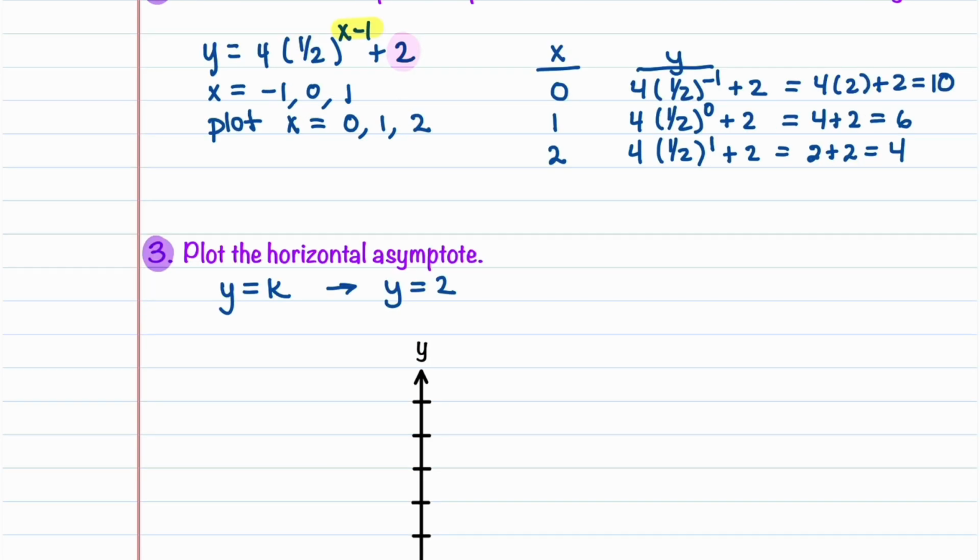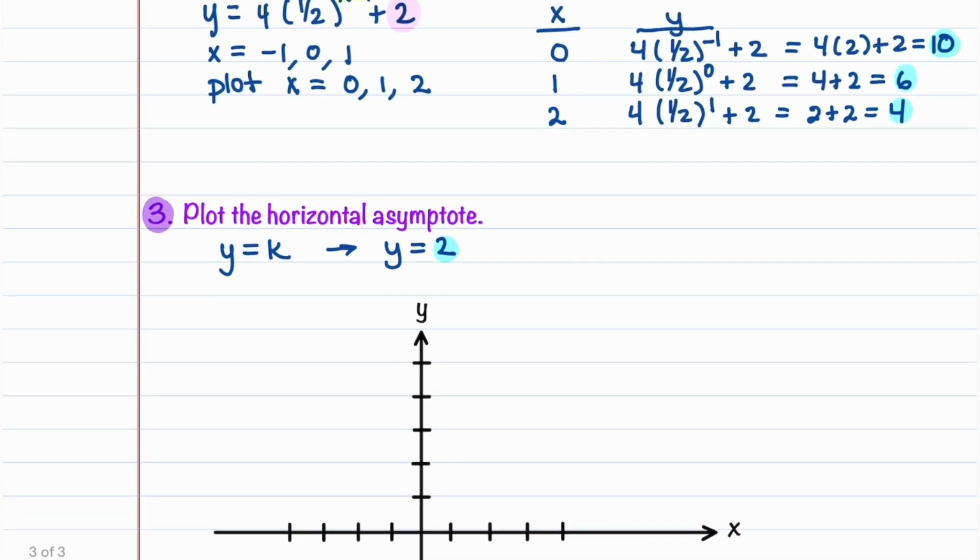Before we actually plot our asymptote, let's think about the scale. Notice that the values that we came up with were 10, 6, 4, and 2 for y. So those are pretty big. So I think we need to make each tick mark equal to 2 instead of 1. Let's go ahead and start by labeling them.